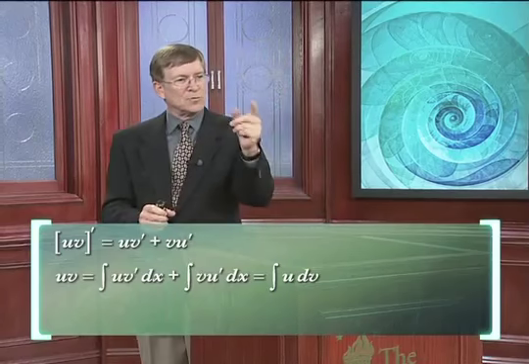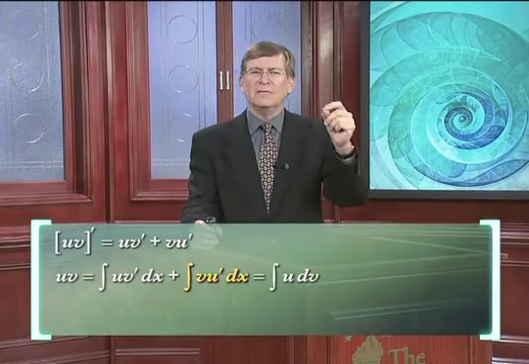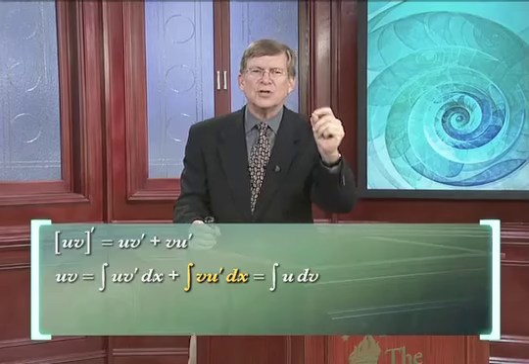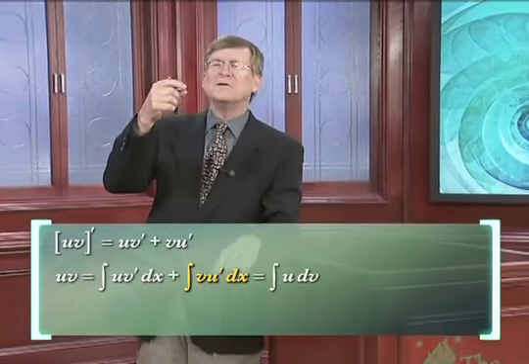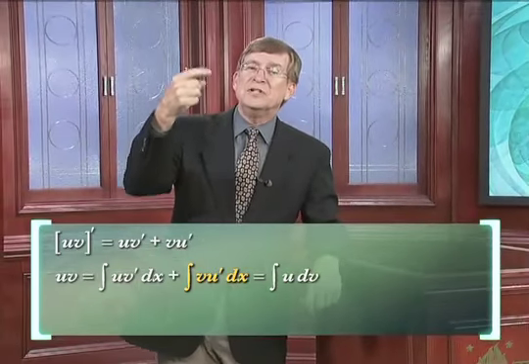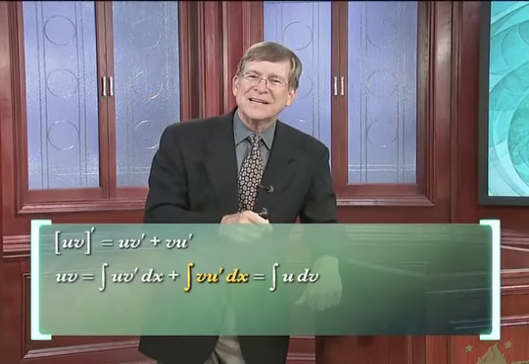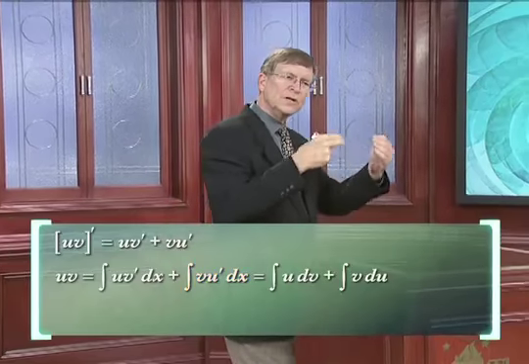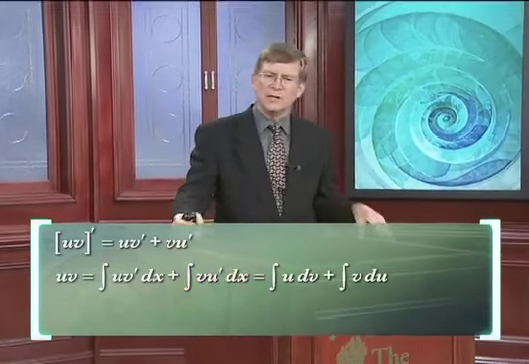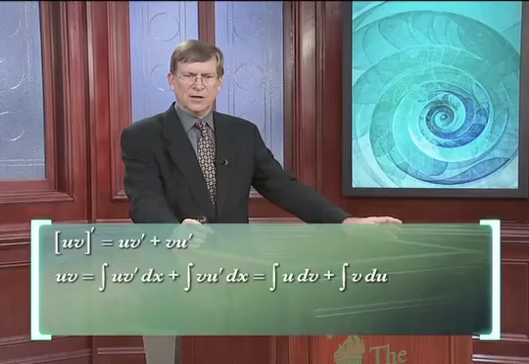The same thing happens with that second integral, the integral of v times u' dx. Think of u' as being du/dx, cancel the dx's, and you're left with the integral of v du. So we're going to use this differential notation that we touched upon in an earlier lecture.